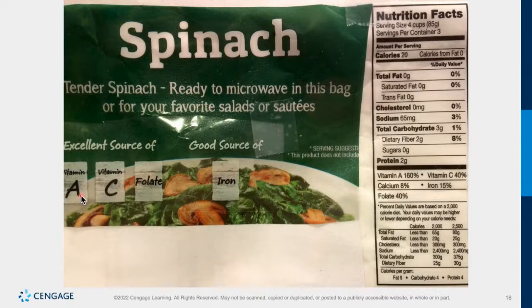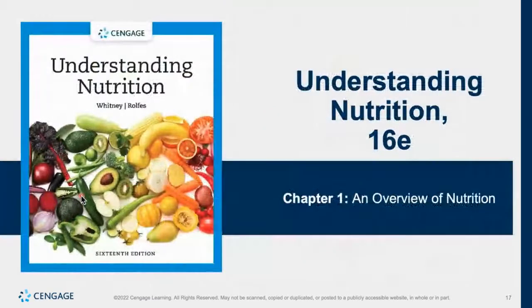Look at that spinach. Okay, nutrition facts, we'll be decoding and knowing how to look at that and what does all that stuff mean if you don't know that. But I see in the survey many people already look at nutrition facts, think about them. And there's our book. It's a brand new edition, 16th edition.